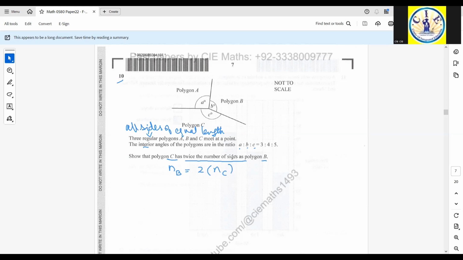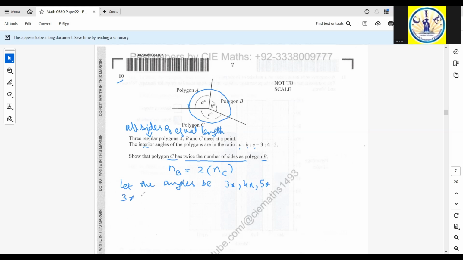Let the angles be 3x, 4x, and 5x. Then we see that these are the angles at a single point which add up to 360.